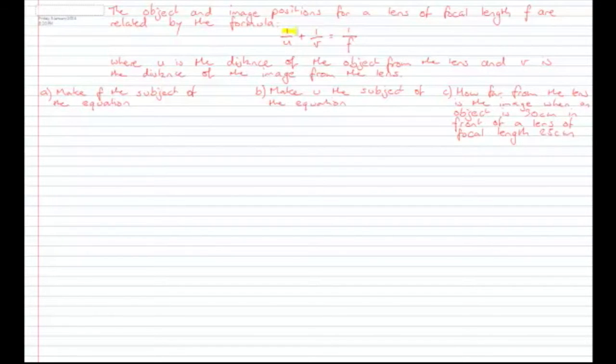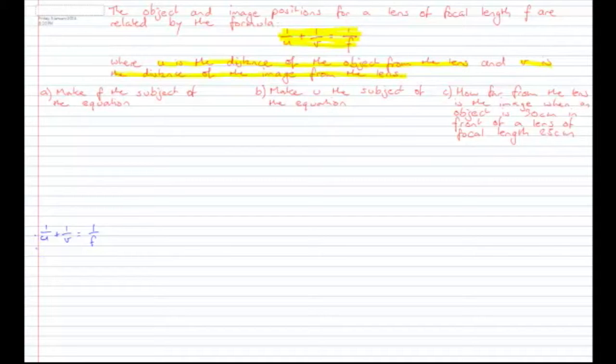Of course, the formula is one part. Right, u is the distance of the object from the lens, and v is the distance of the image from the lens. Okay, so let's write out this key information first, just down here again. So we have the formula 1 over u plus 1 over v is equal to 1 over f, first point.